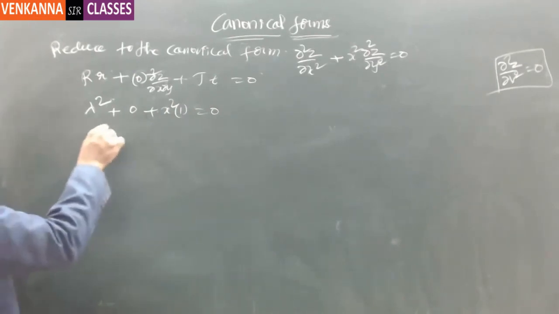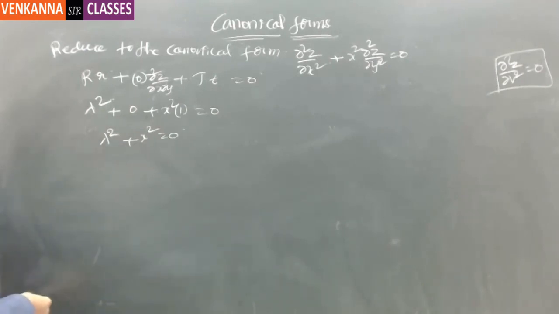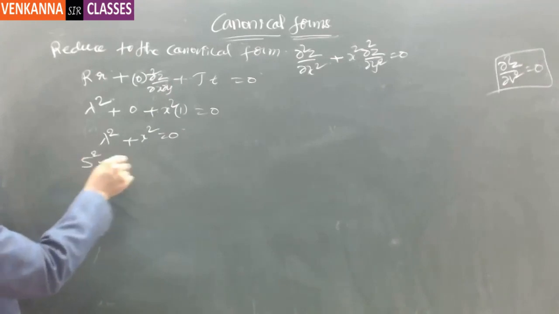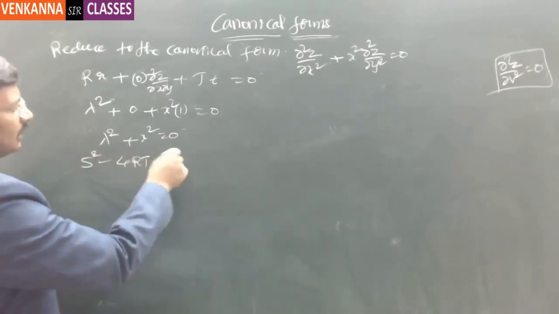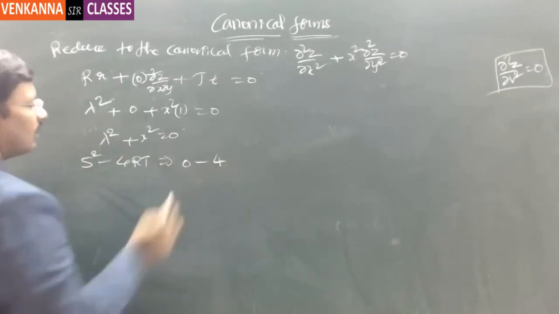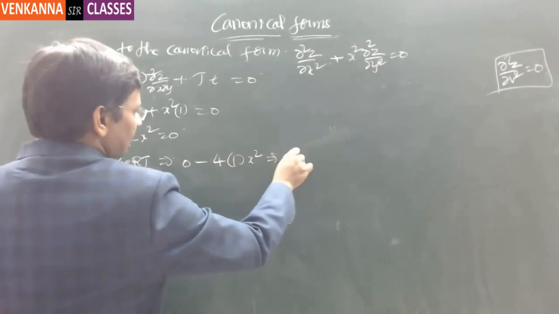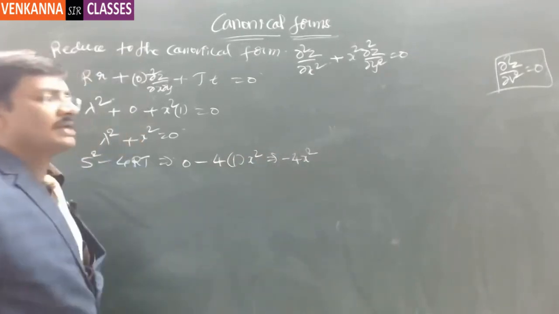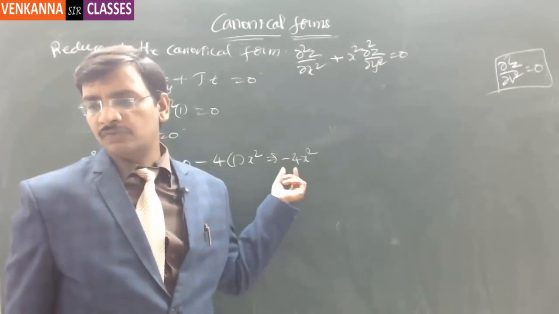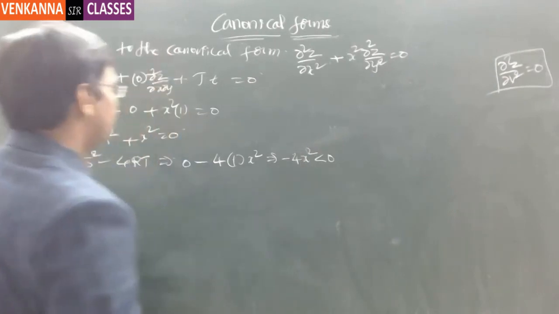Now this is lambda square plus x square equal to 0 because S is equal to 0. And then B square minus 4AC, that is S square minus 4RT. If you find this value, S is 0, minus 4 times R is 1, T is x square. So this value is minus 4x square. Now x square, whatever may be the value, is always a positive value. Minus of 4x square will always be a negative value. Hence, this is an elliptical form.